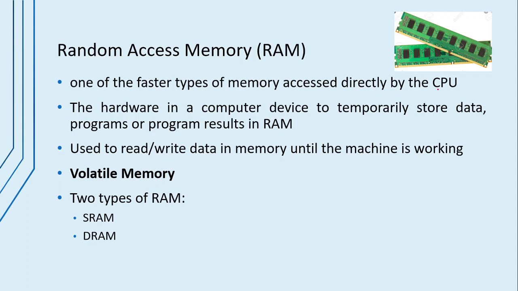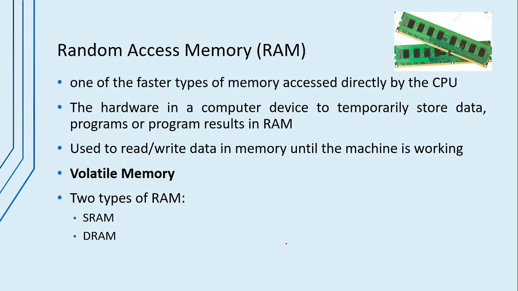So main memory, whether you are talking about RAM or ROM, is directly accessed by the CPU. It is the hardware in the computer device that temporarily stores the data, programs or program results. Basically RAM is used to store the temporary data that is used during your program execution. In RAM you can perform read and write operations.